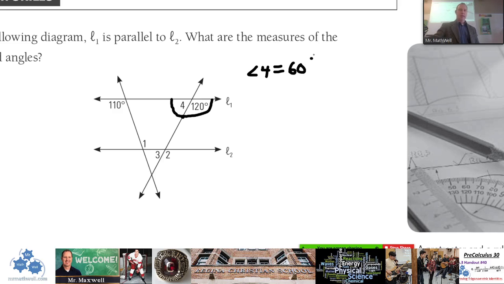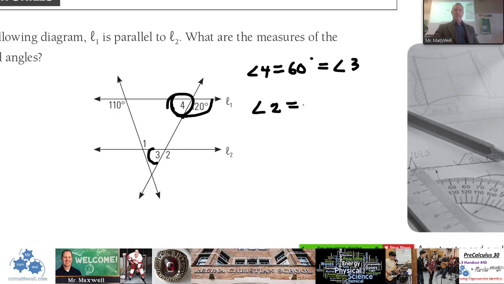Perfect. Very, very good. Now, 4 should be equal to 3, correct. Those are called corresponding angles, and those should be equal. So angle 3 is also 60. Very good. What about angle 2? It should also be 120.